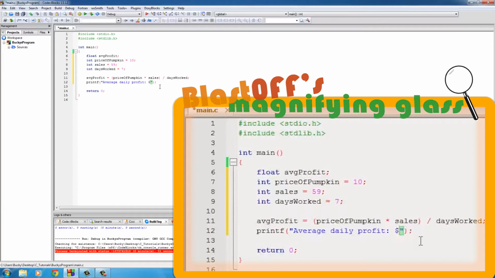And then %f, and since this is a dollar amount, let's use 0.2, because it'll be like $1.50 or something, 2 decimal places. And of course, the float that we want to output to the screen is average profit.